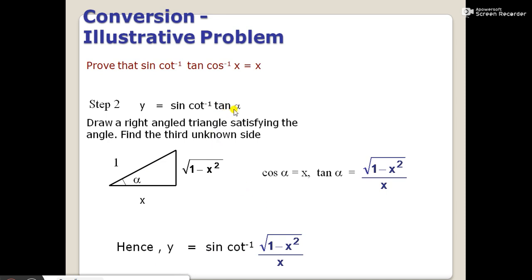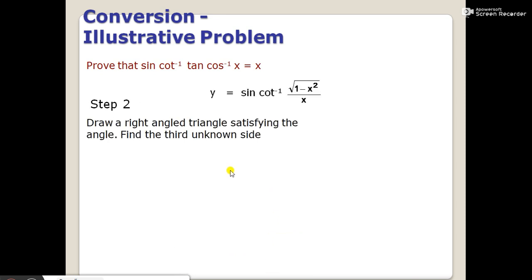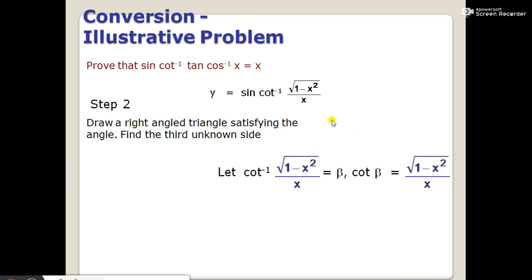Substitute the value of tangent alpha here, then it becomes y is equal to sine cotangent inverse root of 1 minus x square upon x. And draw a right angle triangle again. Now assume this cotangent inverse root of 1 minus x square upon x is equal to beta.